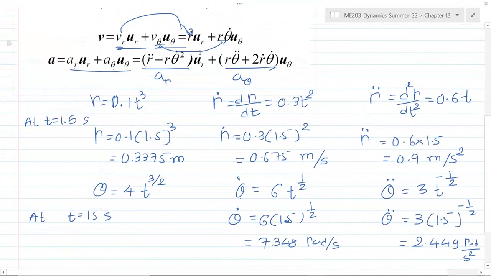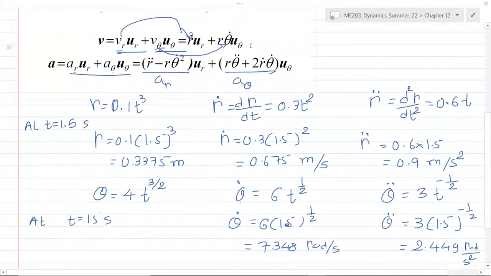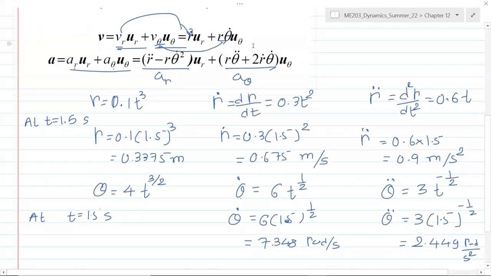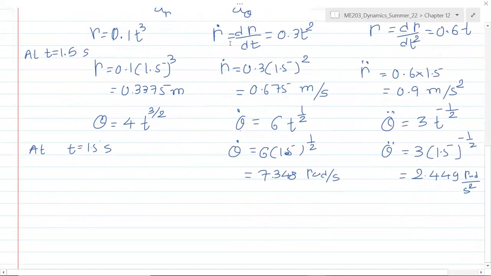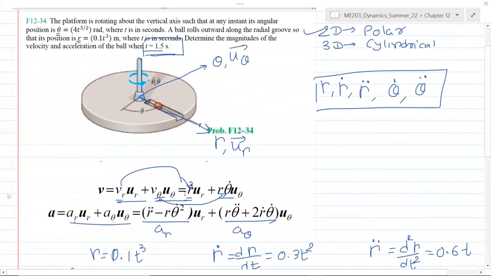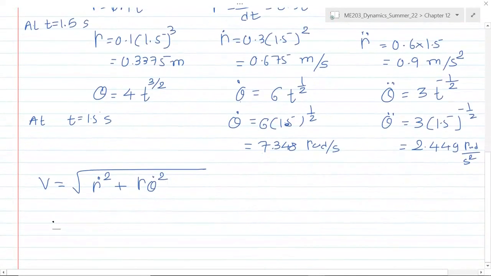So this is the velocity written as a vector, but the magnitude of that velocity will be the square root of r dot square plus r theta dot square, which is nothing but the square root of the addition of the squares of the two components of the vector.